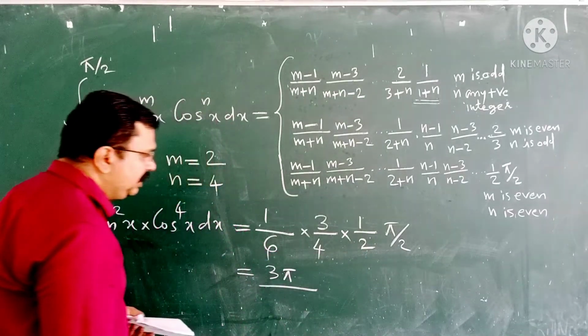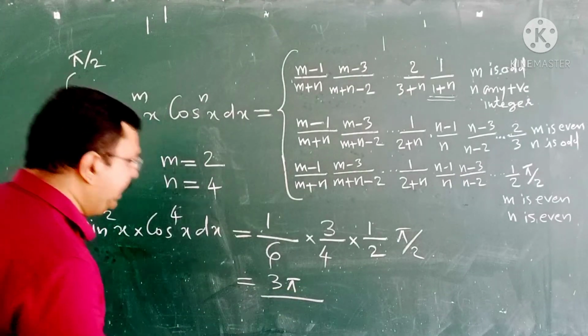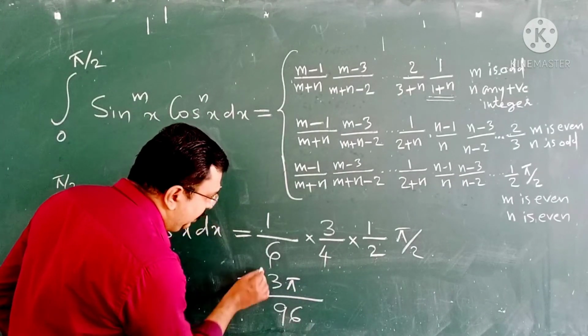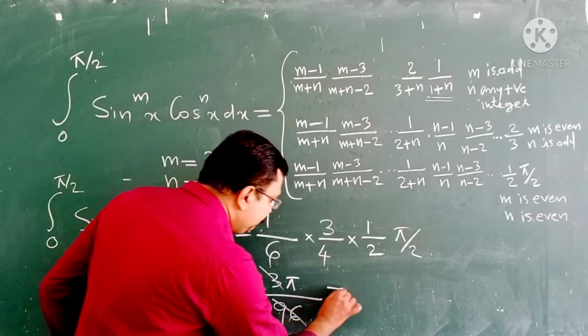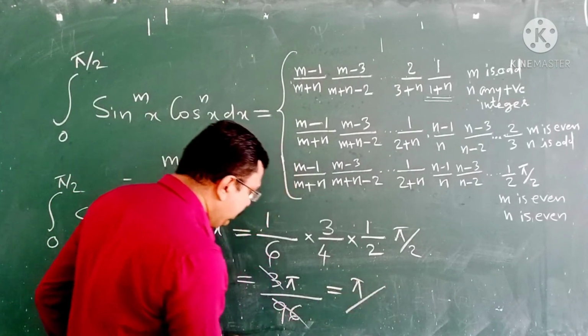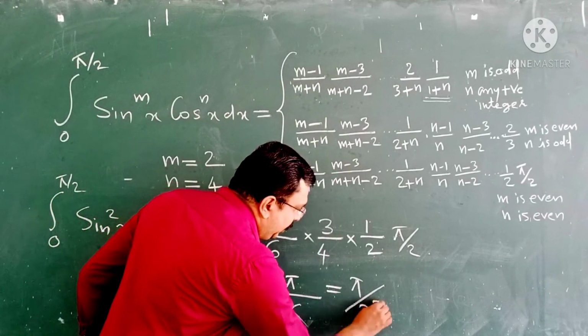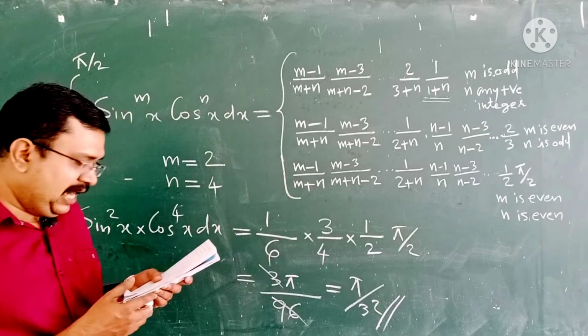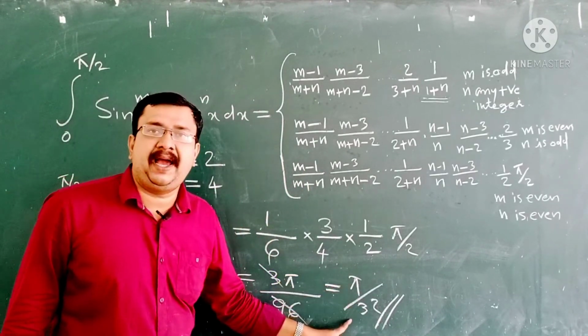Listen, that is 3 pi divided by 96. We can cancel 3 and 96, then we will get pi by 96 divided by 3 is 32. Therefore, final answer is pi by 32.